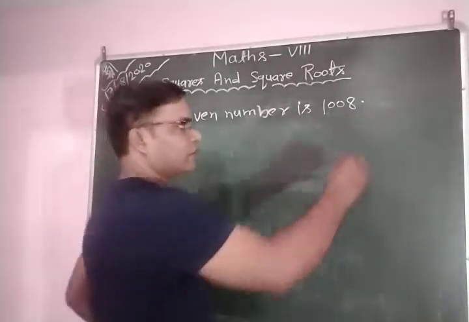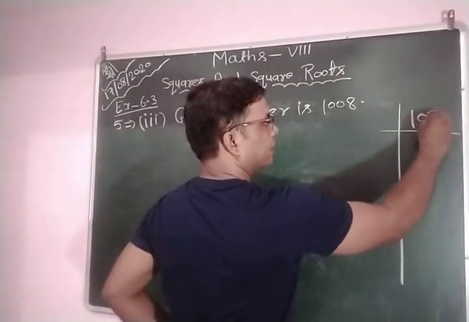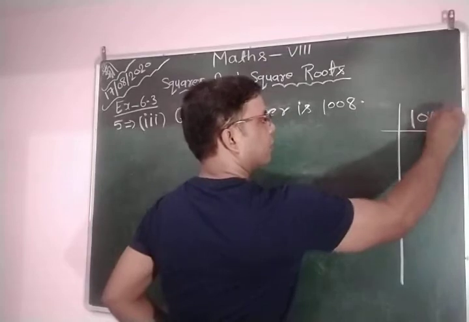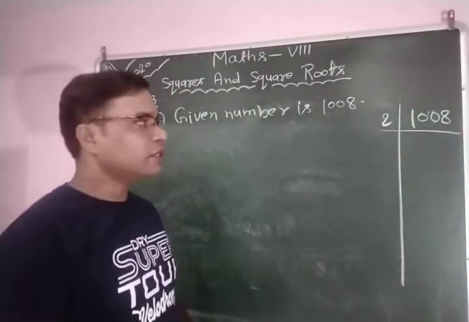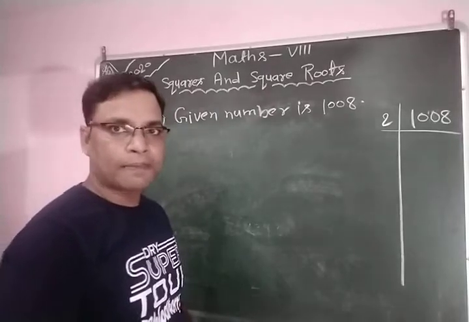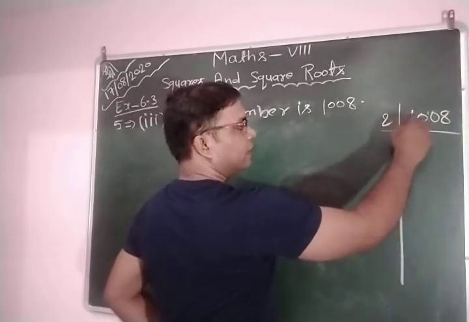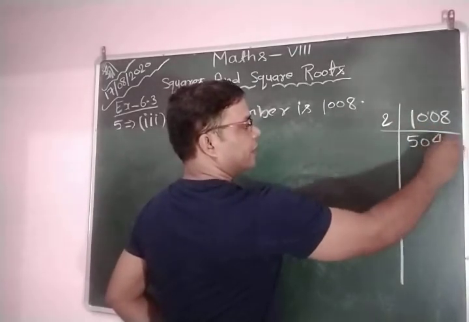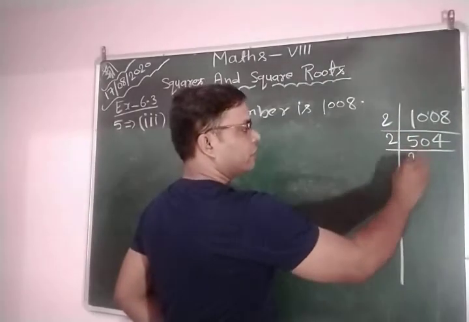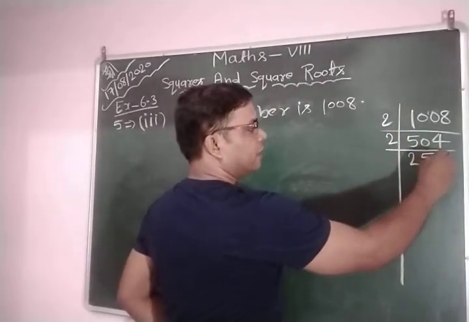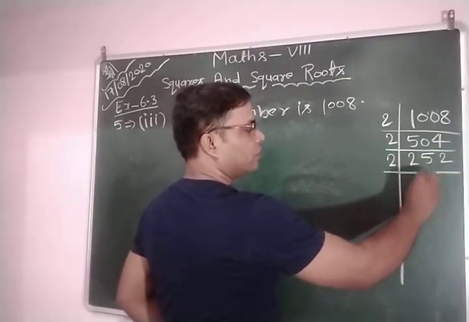Clear? So first write like this: 1008. Here the unit place digit is an even number, so this number is divided by 2. So you obtain 504. Again this number is divided by 2, so you obtain 252. Again we obtain 126.